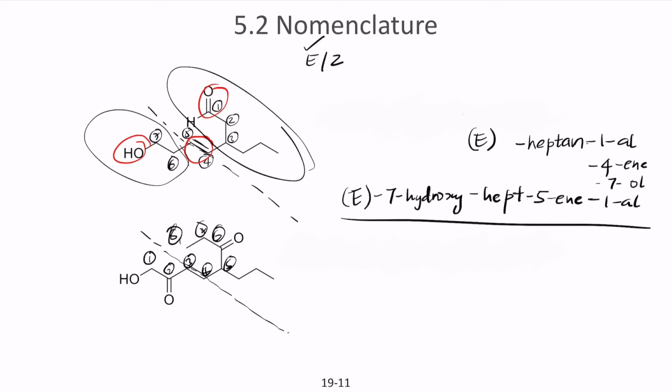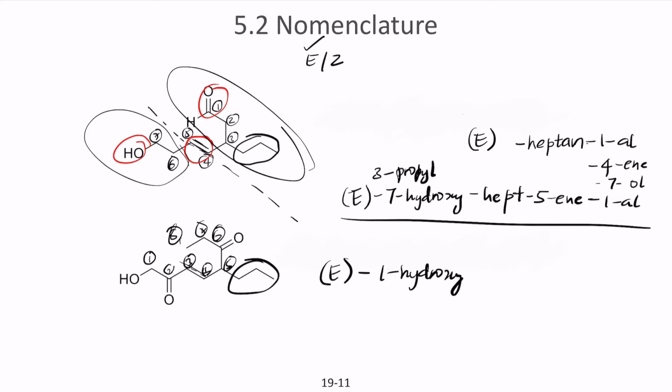Now, I think we missed something here. There is a propyl group here, so E-3-propyl. I'm sorry for that. In the second structure, we also have an E structure. On the first carbon, there is hydroxy, so 1-hydroxy. On the fifth carbon, there is a propyl group, so 5-propyl. Next, on the third carbon, there is an ene.